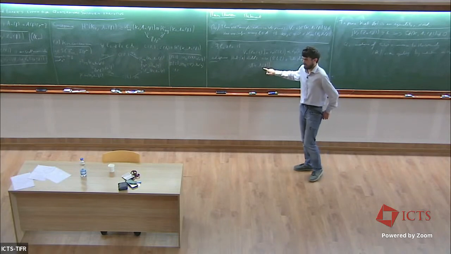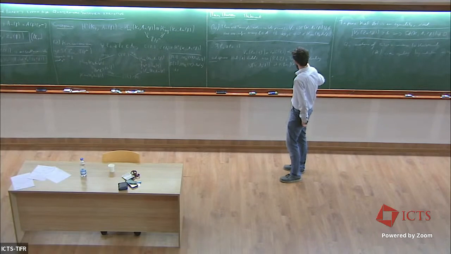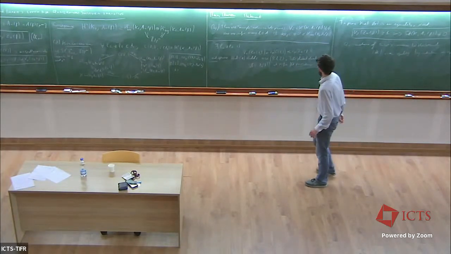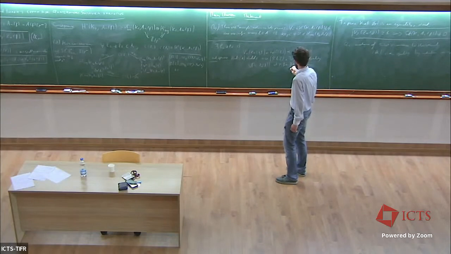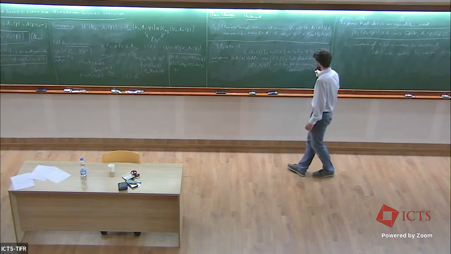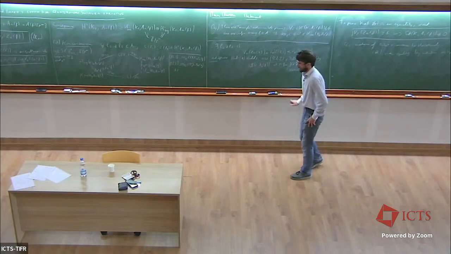And this can be done using finite flat group schemes. So the reduction should be good, this I should say. And this is what is explained in this paper of Nekovar, for example, in some appendix. But other than that, we don't need anything.